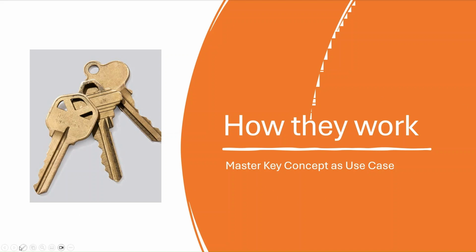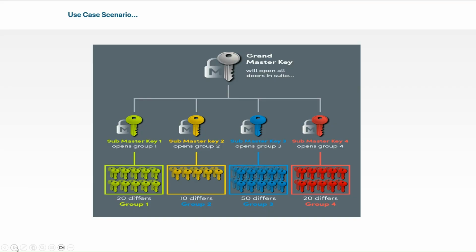Now let us see this model here. What this model shows us is a typical explanation of how a grandmaster key works. That is to say, we have the key which opens everywhere. It's just like the key to a car, right? It could open both the trunk, the doors, and any other place.